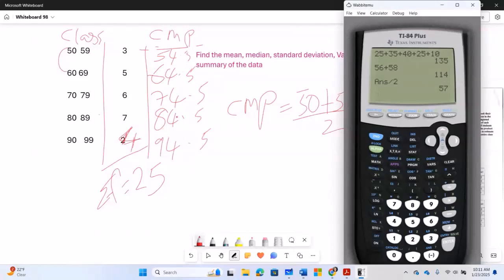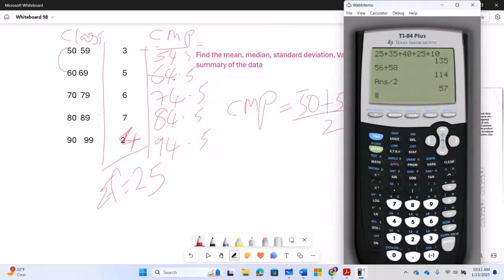And how did I get the other class midpoints? I know that the class width is 10 if I eyeball the data. So I'll keep adding 10 because the class midpoints of the classes differ by the class width.